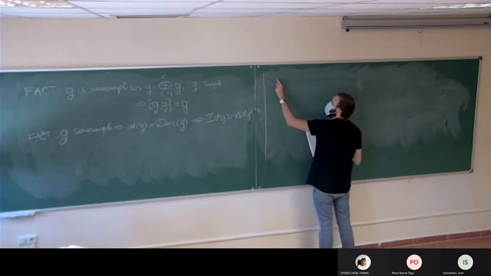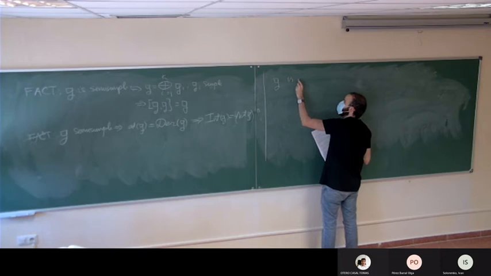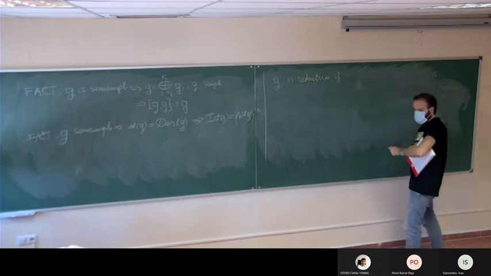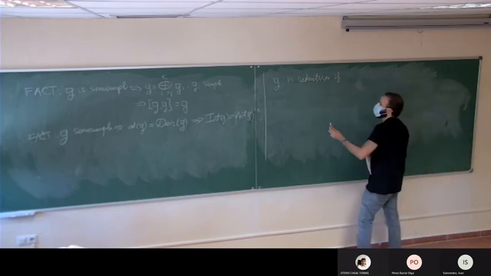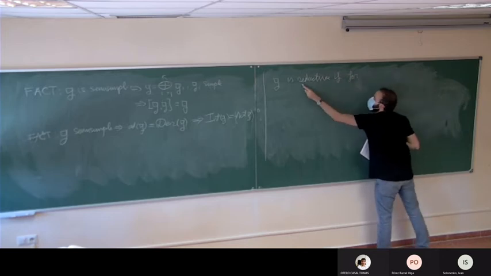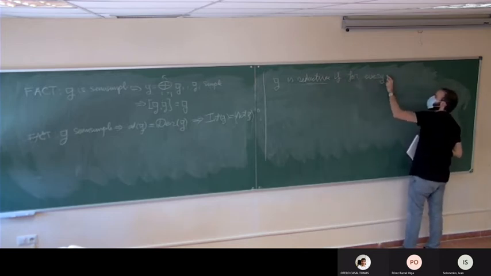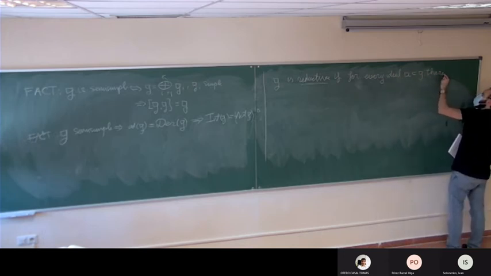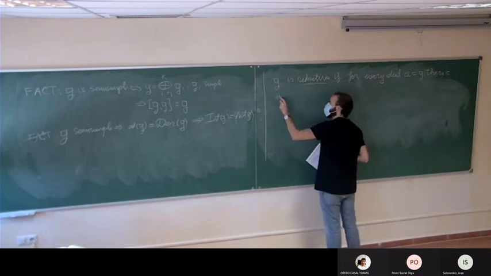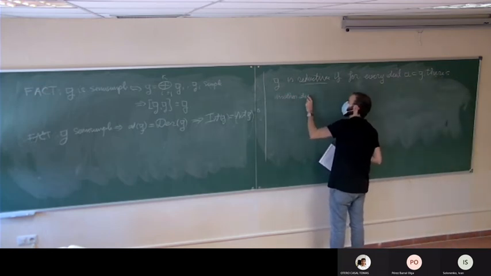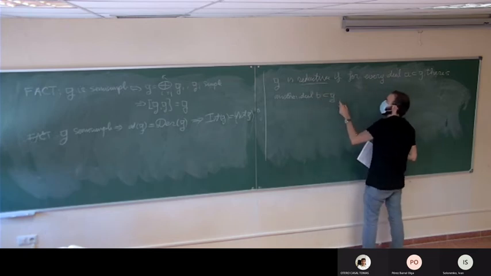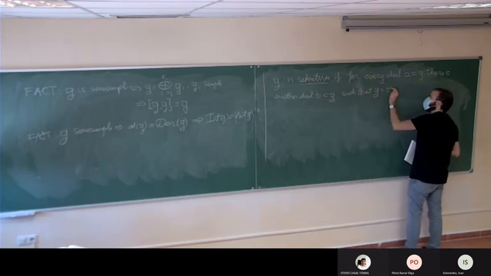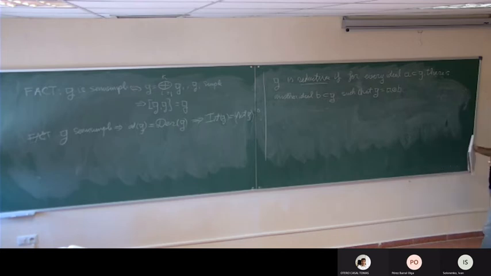We have that the Lie algebra G is reductive if it satisfies the following property: for every ideal A of G, there is another ideal B of G such that G is the direct sum of A and B. Okay?